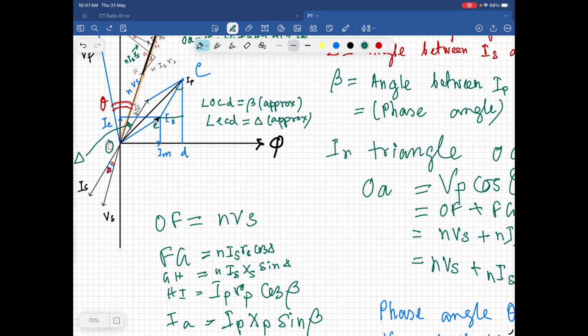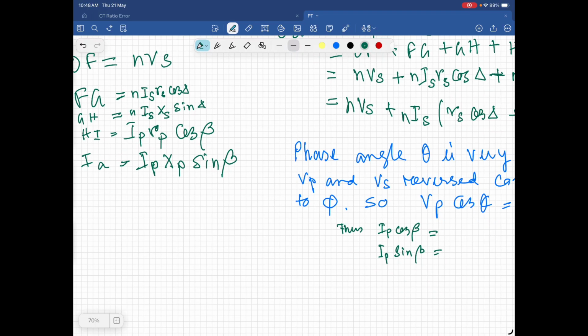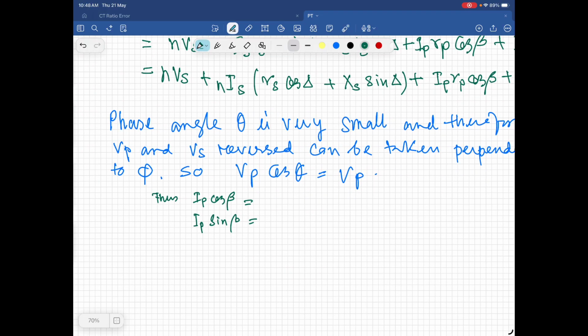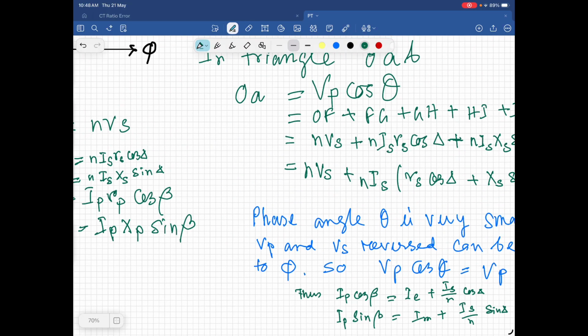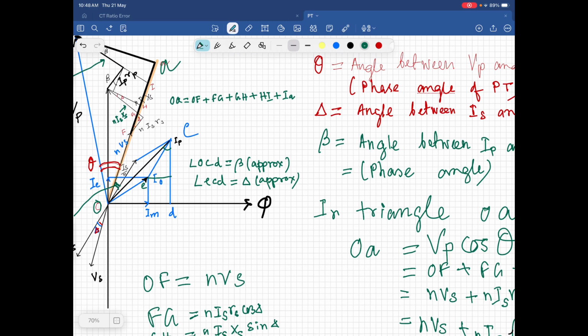I0 has two components, one is IE, another is IM. So Ip cos beta is equal to IE plus Is by n cos delta, and Ip sin beta is equal to IM plus Is by n sin delta.